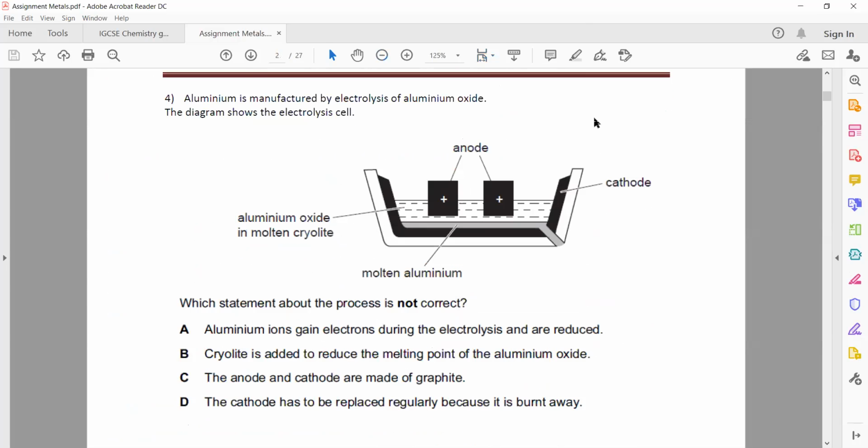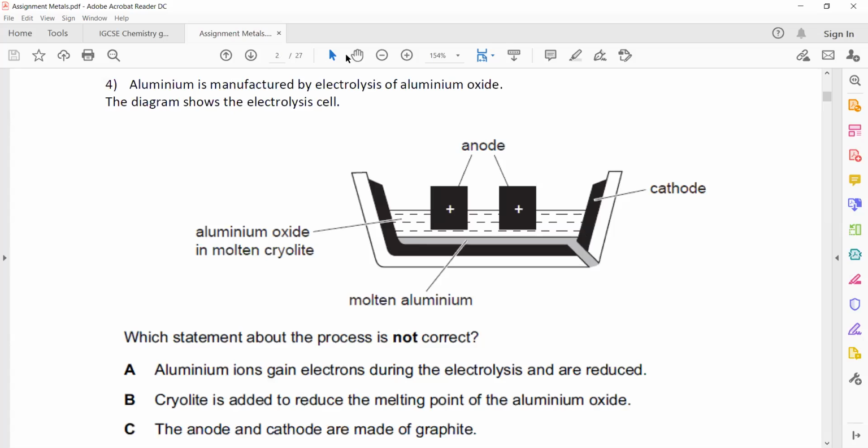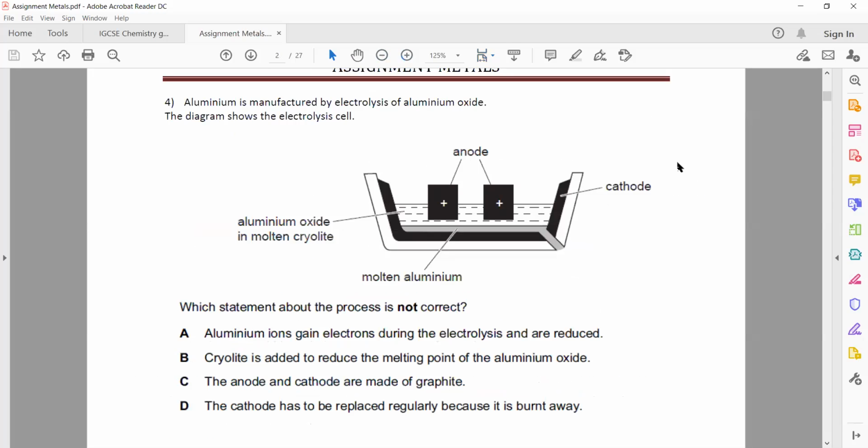Question 4. Which statement about the process is not correct?